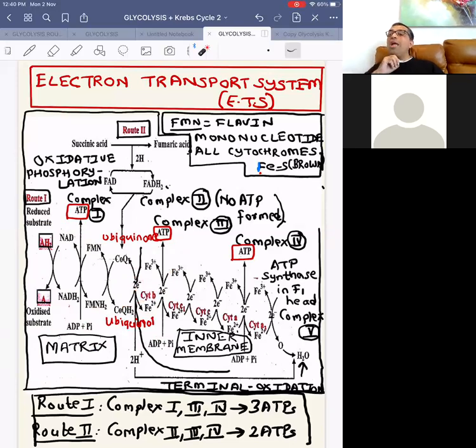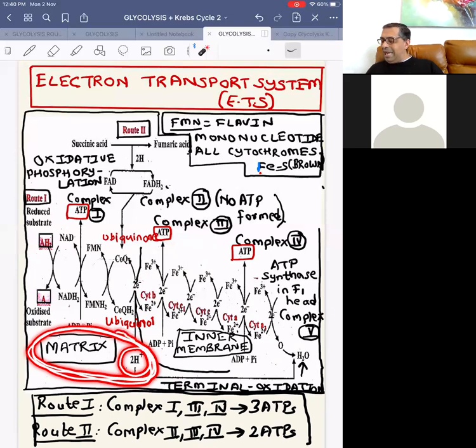Energy goes into the electron, and the proton remains in the matrix. It is the electron which will pass into the inner mitochondrial membrane.